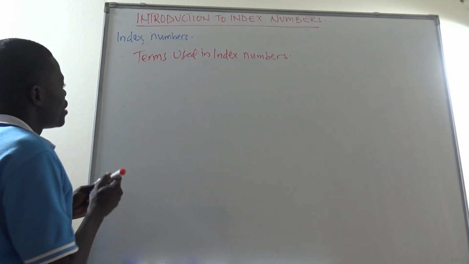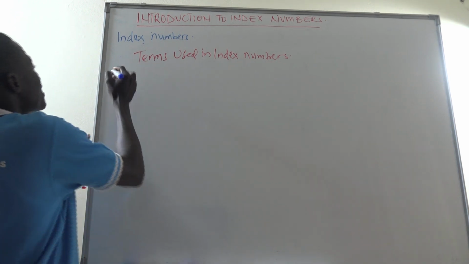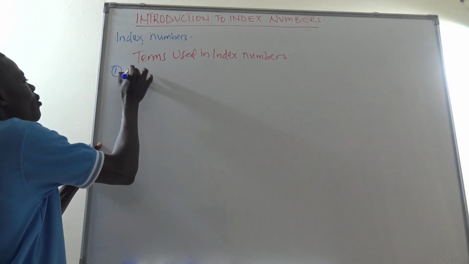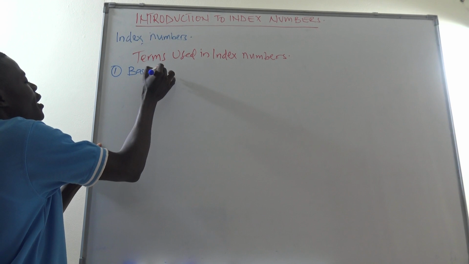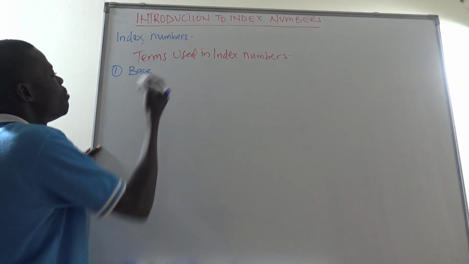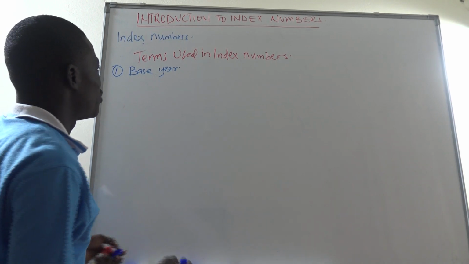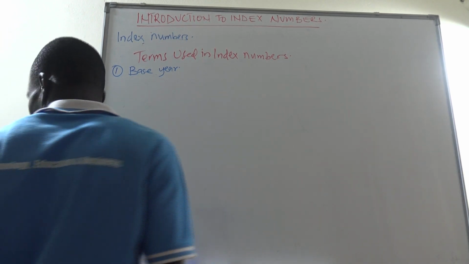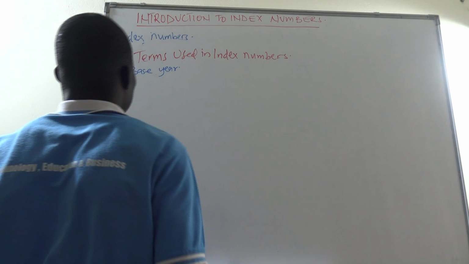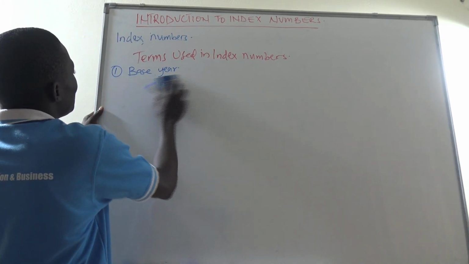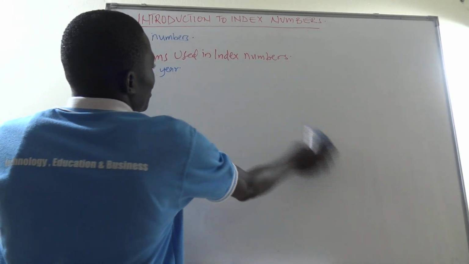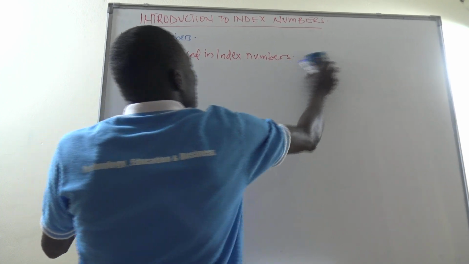So, the first term that we use in index numbers is what we call the base year or base period. That's the term we shall be using in this topic.